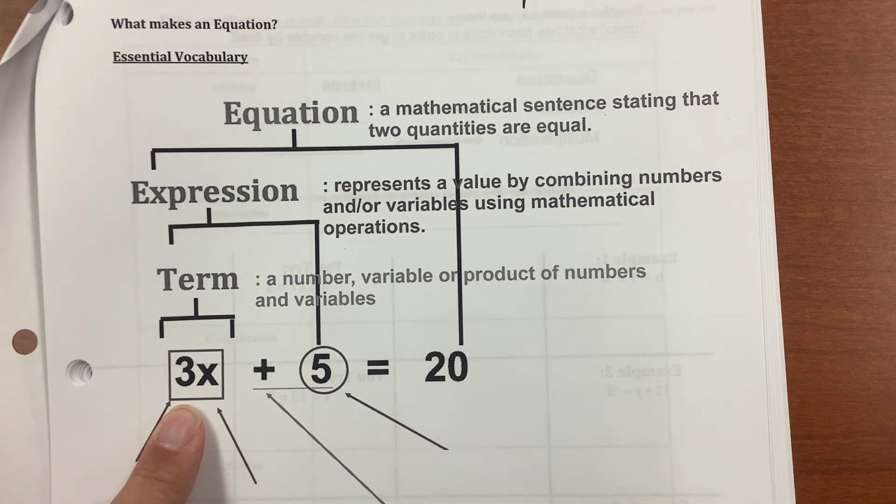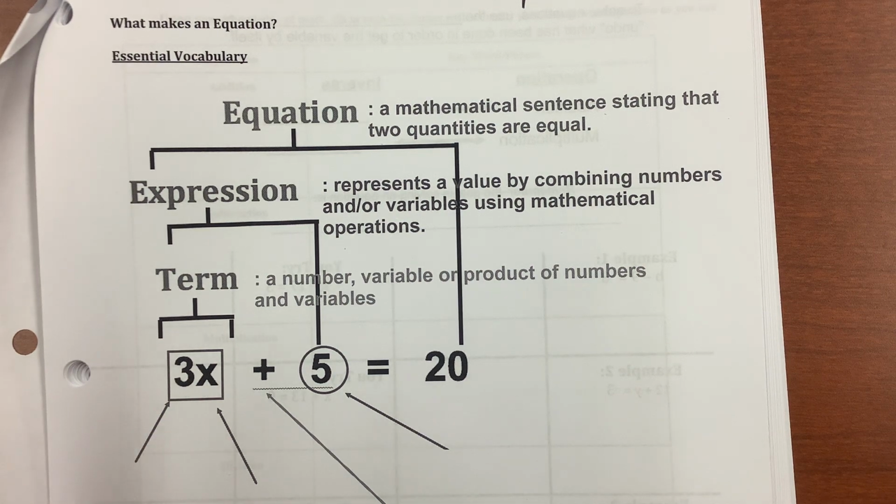But this has something going on here. This term is a numerical variable or product of numbers and variables. What's the difference between a term and an expression? An expression is when you add or subtract terms. And a term is the product of numbers.